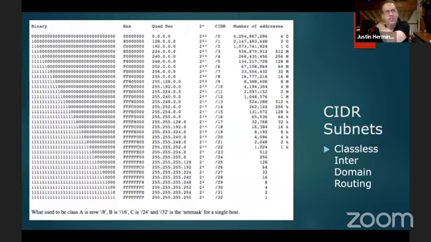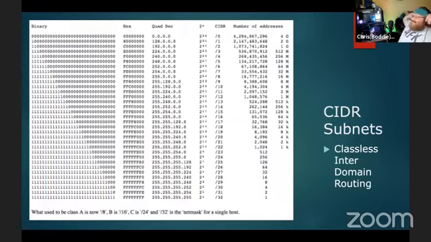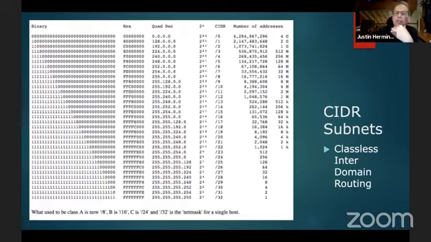So just to wrap up a little more here with CIDR, and maybe some people will disagree, but one of the charms of CIDR is you're not constrained to network sizes.